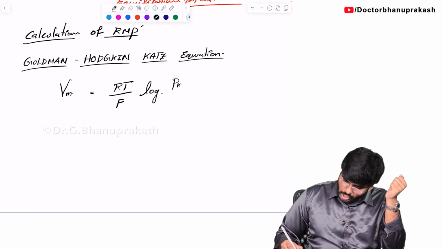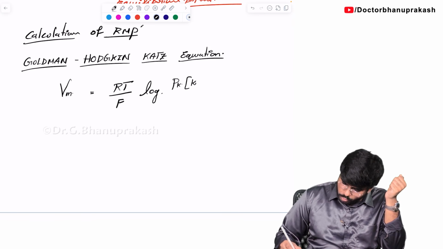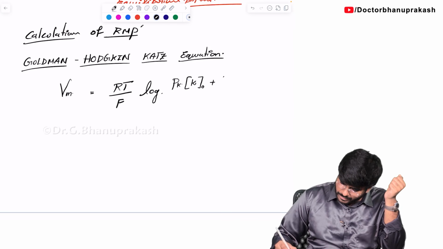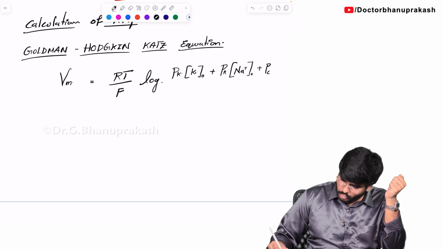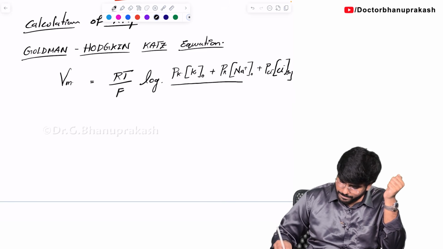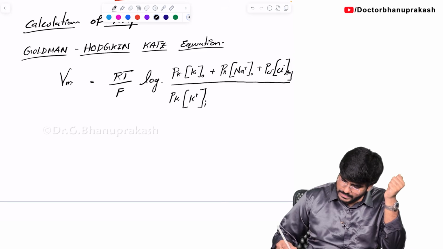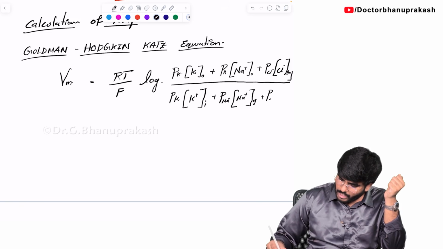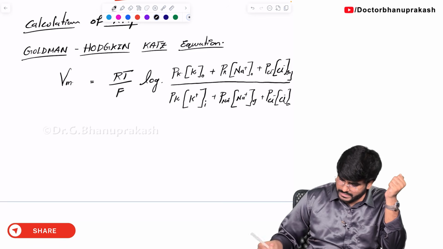The permeability coefficient of the potassium ion outside the cell, plus the permeability coefficient of sodium outside the cell, plus the permeability of chloride inside the cell, divided by the permeability of potassium inside the cell, the permeability of sodium inside the cell, plus the permeability of chloride outside the cell. So, this is the formula.